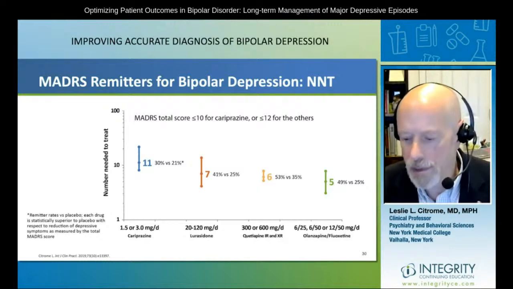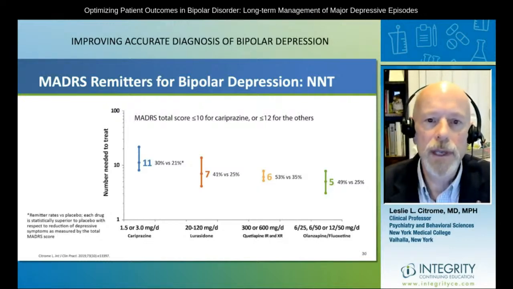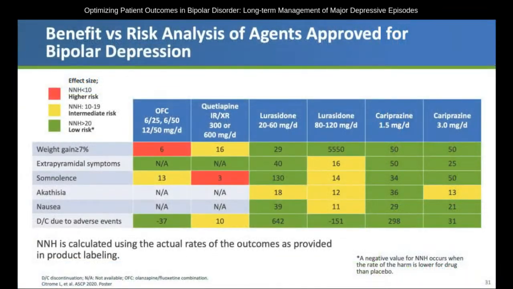So what's the difference? Well, it's going to be basically how they're tolerated. Here's a heat map, as I like to call it, of various harms that we consider. Weight gain of at least 7%, the presence of extrapyramidal symptoms in terms of drug-induced parkinsonism, somnolence, akathisia, nausea, and an overall discontinuation due to adverse events.